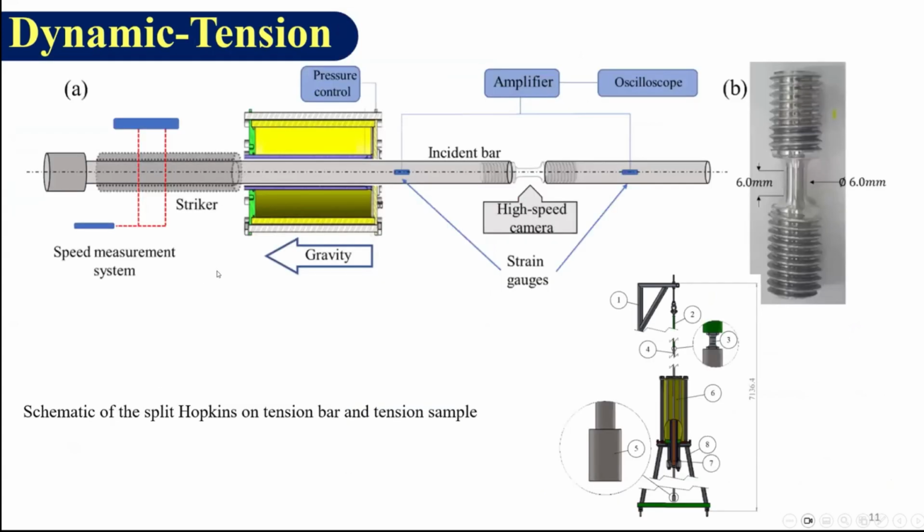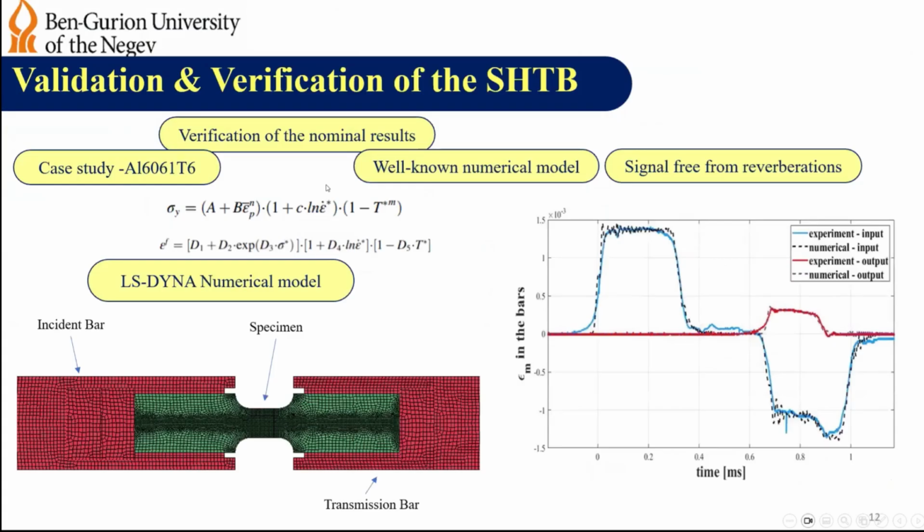Another thing that we built is a tension split Hopkinson bar. What's new about it is that we put it all vertically, and we put a lot of effort into getting the right size of thread to connect the specimen to the bar. And again, we went through a validation and verification campaign, and you can see here the results are also free from reverberation.